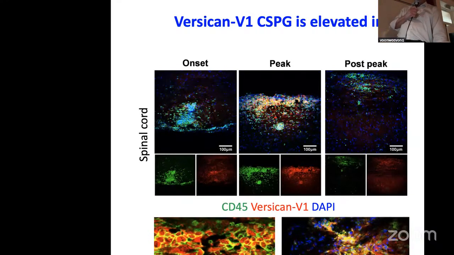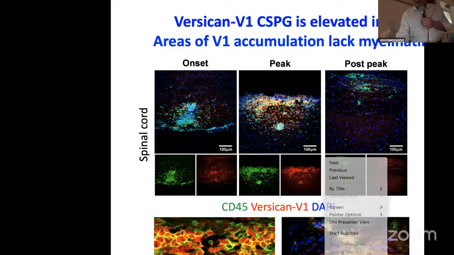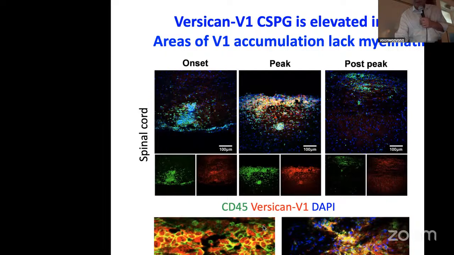You also see that in a lesion of MS. Here's the rim of a chronic active lesion with a lot of immune cells, and in this area, Versican V1 deposition. As well, when you look across a number of MS specimens and you ask whether there is a correlation between areas that contain Versican and areas that do not, trying to again move this forward.